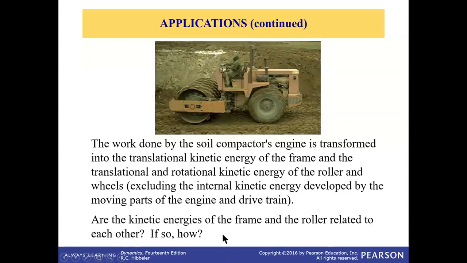So are the kinetic energies of the frame and the roller related to each other? If so, how? They are both related by the same equation that we have seen in the case of the bowling ball: the total kinetic energy of the rotating drum is the linear kinetic energy of the frame plus the rotational kinetic energy of the drum, which is 1/2 I omega square.